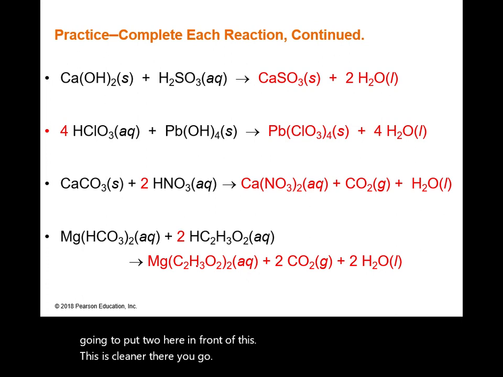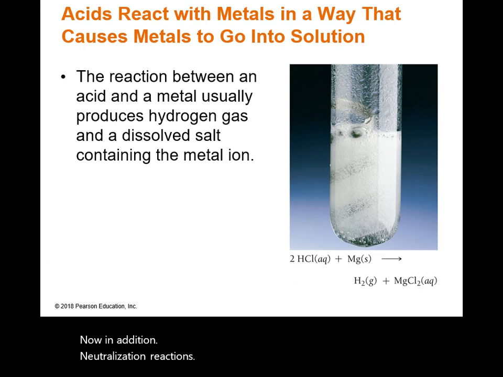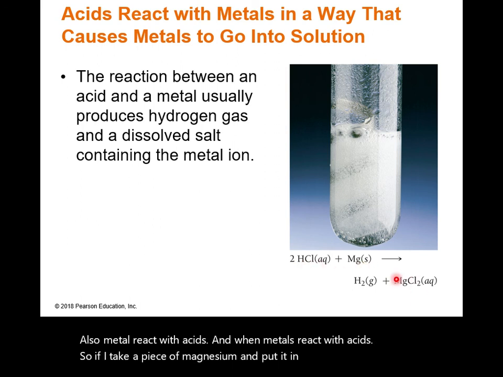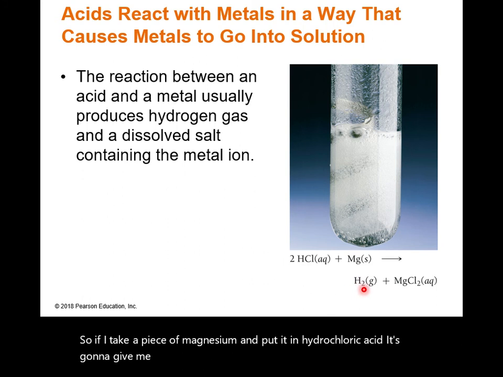Now, in addition to neutralization reactions, metals also react with acids. And when metals react with acids, so if I take a piece of magnesium and put it in hydrochloric acid, it's going to give me salt and hydrogen gas.